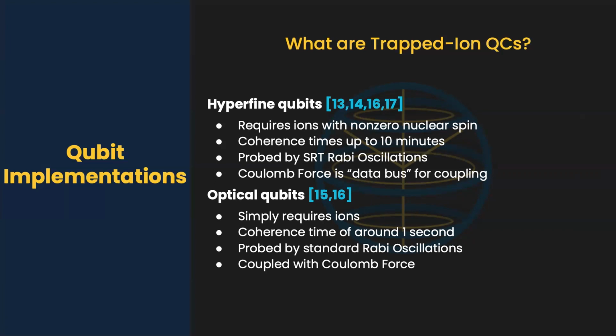And we're talking about 10 minutes here. So significantly larger. It's probed with this technique called stimulated Raman transitions, SRT, and Rabi oscillations. I'm sure I'm not pronouncing those correctly.